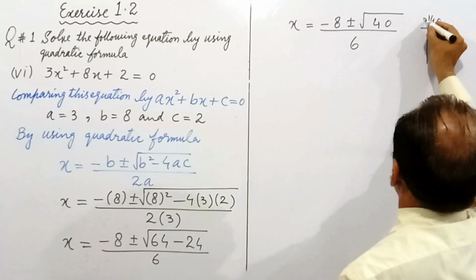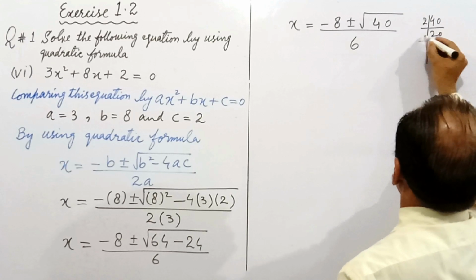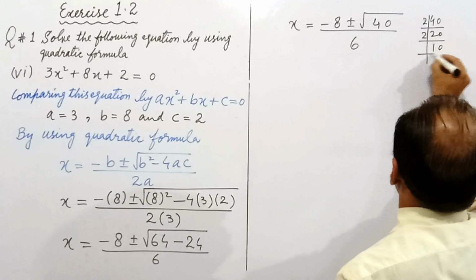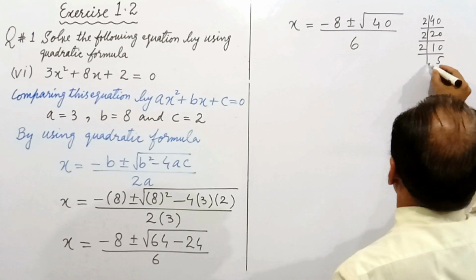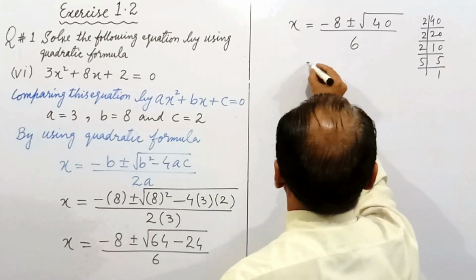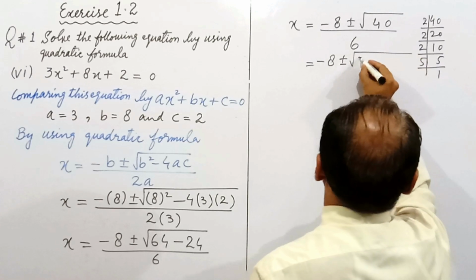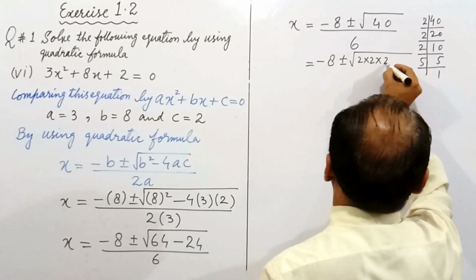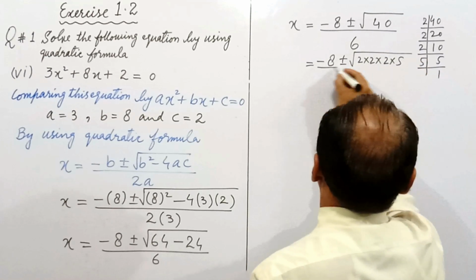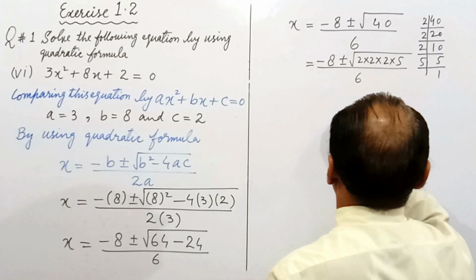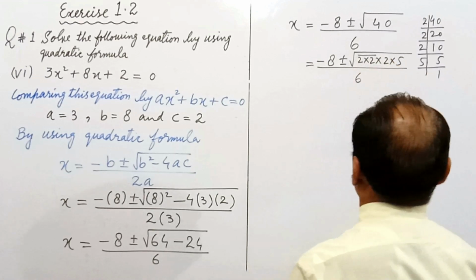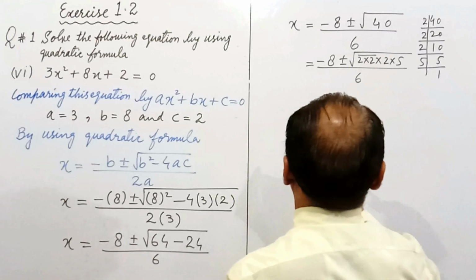For this, 2 20s are 40, 2 10s are 20, 2 5s are 10, 5 1s are 5. We write its prime factors in square root. 2 2s are 4, 2 4s are 8, 5 8s are 40, whole divided by 6. The 2 is written in a pair, that can be cancelled by the square root.